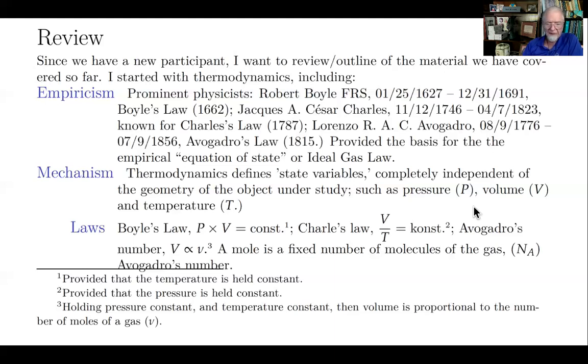And a mole is a fixed number of molecules of gas, and N sub A is the usual notation for Avogadro's number, roughly 10 to the 25 or 26, whatever the number is, giving you the number of molecules of the gas in a mole of the gas. And this is, of course, holding the pressure constant and the temperature constant.